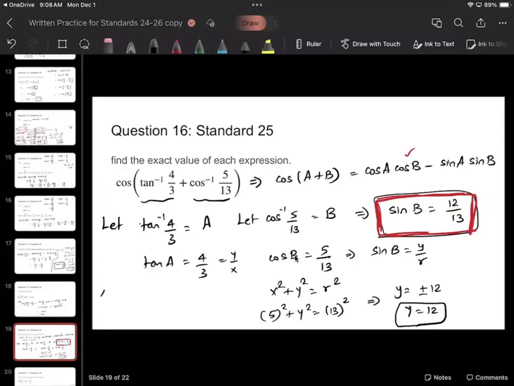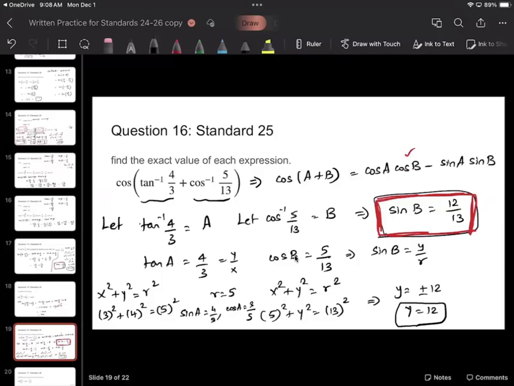So we have x squared plus y squared is r squared, so that means 3 squared plus 4 squared. When you solve it, you will get r is equal to 5. Once you get r is 5, you know that sine A will be 4 over 5 and cosine A will be 3 over 5, because sine is y over r and cosine is x over r.